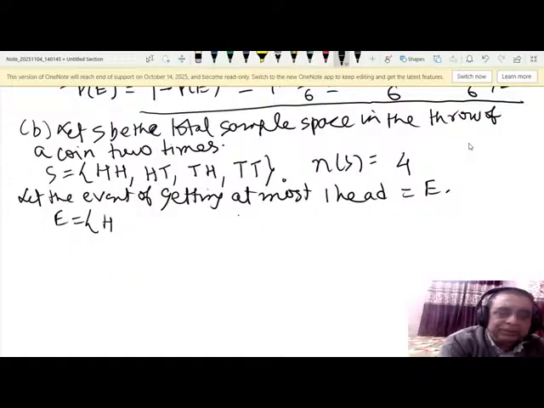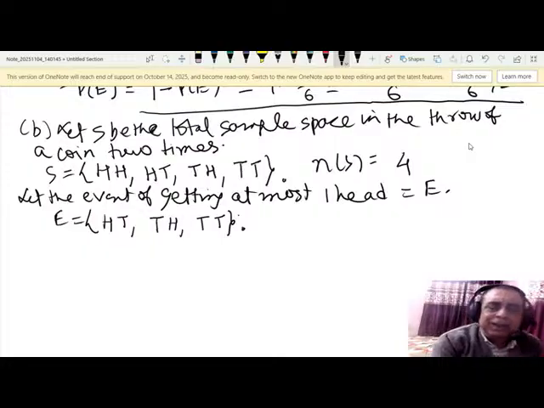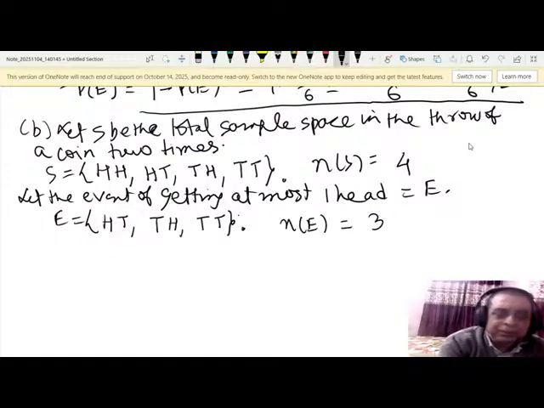So it is HT, that is first coin head, second coin tail, or first coin tail, second coin head, or tail on both the coins. These are the possible outcomes of at most one head. The number of outcomes favorable to the event, denoted by NE, is 3.